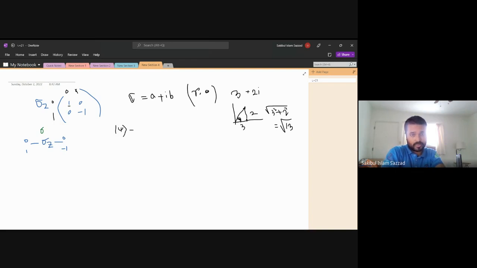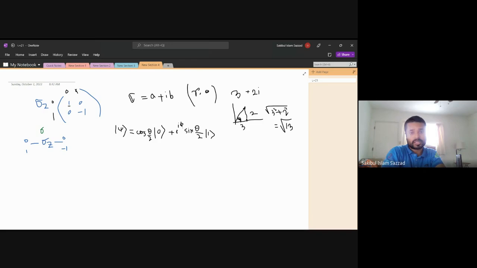It will be cos theta by 2 times ket 0, plus exponential of i phi times sine theta by 2 times ket 1 actually.